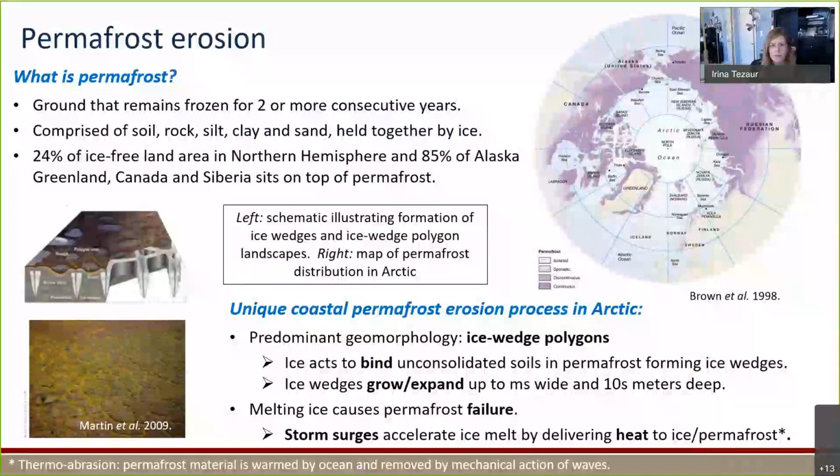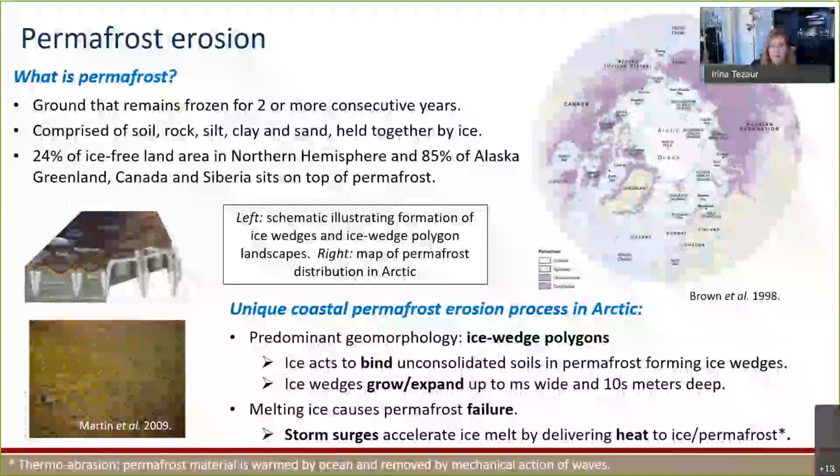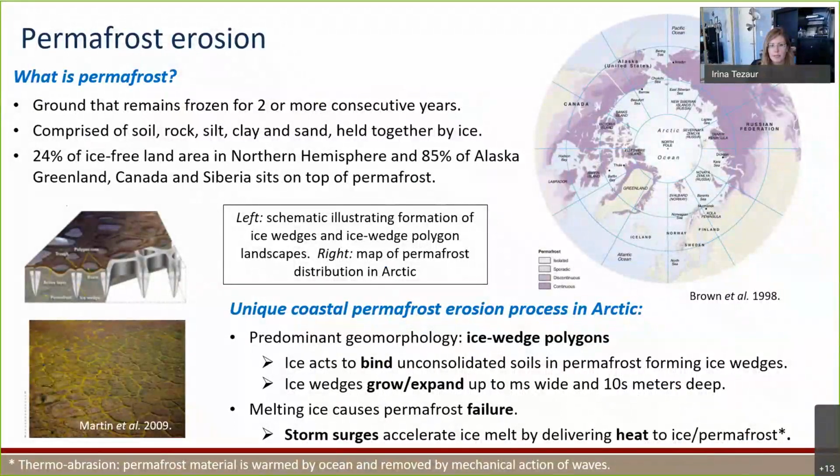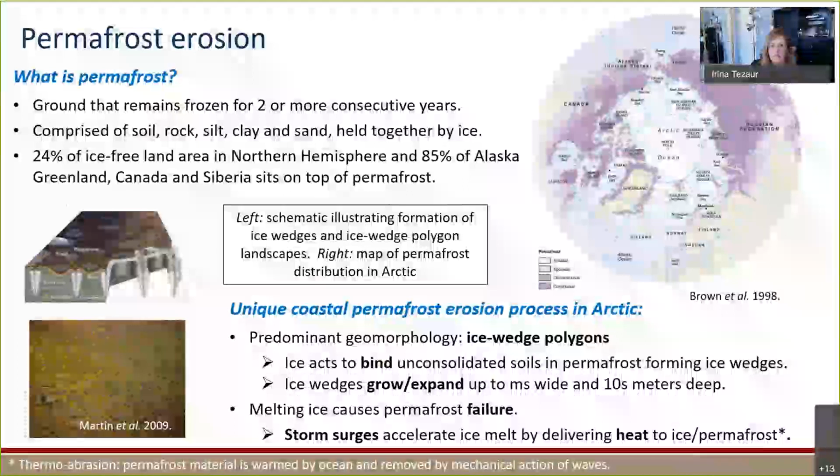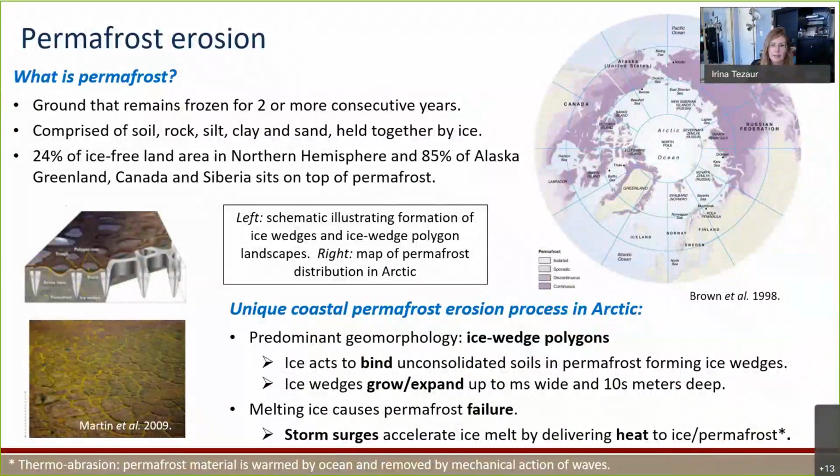So let me go into a little bit of detail about permafrost and some of the processes that contribute to its demise. So what is permafrost? I think this group is probably familiar, but in case there's someone online who isn't, permafrost is essentially ground comprised of things like soil, rock, silt, clay, sand, held together by ice that remains frozen for 2 or more consecutive years.